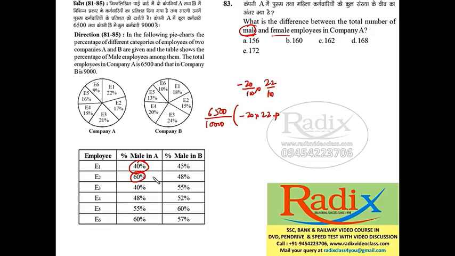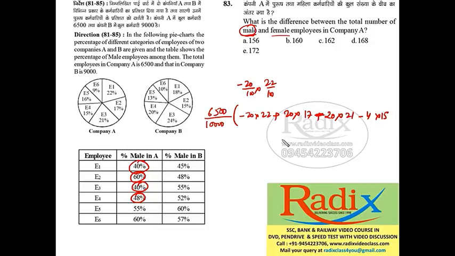So 20% difference positive. And E2 is 17, plus next 40% male are less, we'll use minus 20. And E3 is 21. Then 48 male are less, minus 4. And E4 is 15.